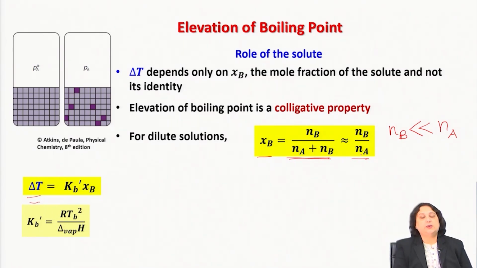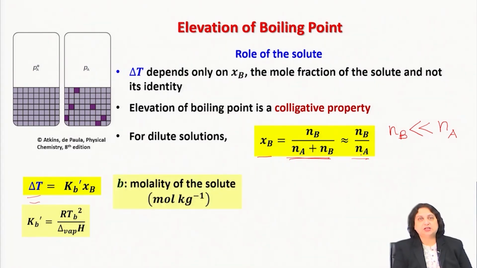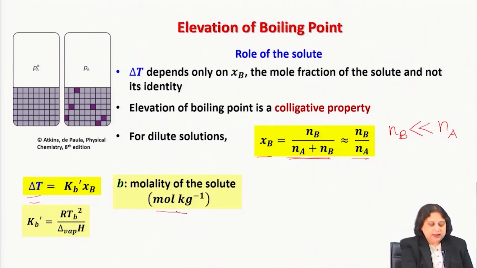Now, what is the consequence of using this expression? You understand that while you prepare the solution, you will be dissolving certain moles of the solute in, say, a few kgs of the solvent. And then, instead of mole fraction, you would prefer to use the molality of the solute, which has the unit of moles of solute per kg of the solvent in this particular expression.